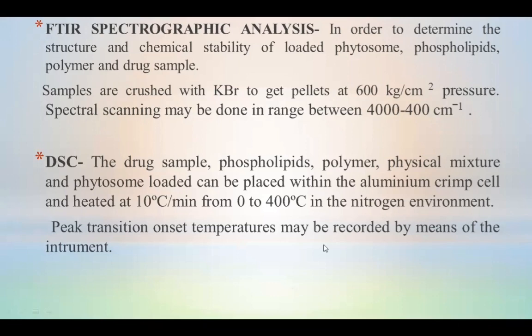FTIR spectrographic analysis. In order to determine the structure and chemical stability of loaded phytosomes, phospholipids, polymer, and drug sample, the samples are crushed with potassium bromide to get pellets at 600 kg per square centimeter pressure. Spectral scanning may be done in the range between 4,000 to 400 per centimeter.